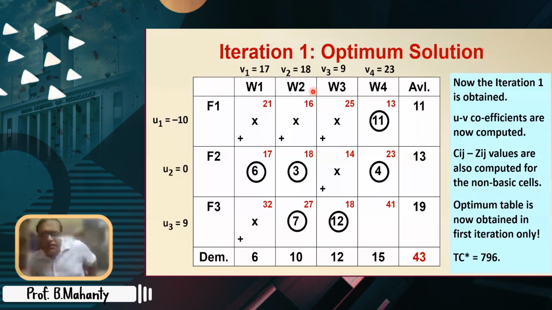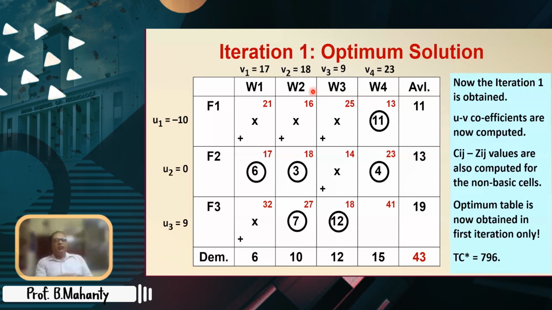So the method we follow to solve transportation problems is, first, we obtain a good basic initial feasible solution by using a good starting method such as Vogel's approximation method. The minimum cost method also has its problem, like the northwest corner rule. And after finding a good basic initial feasible solution, we use the UV method to compute the Cij minus Zij values.